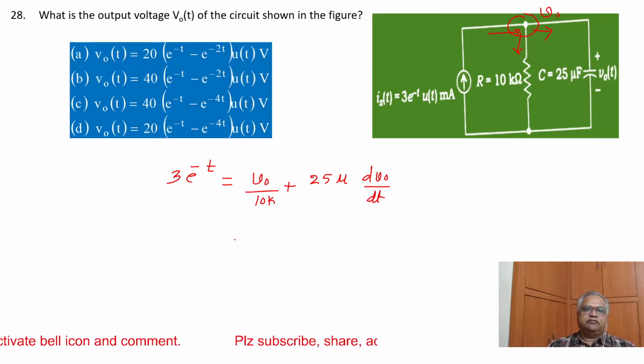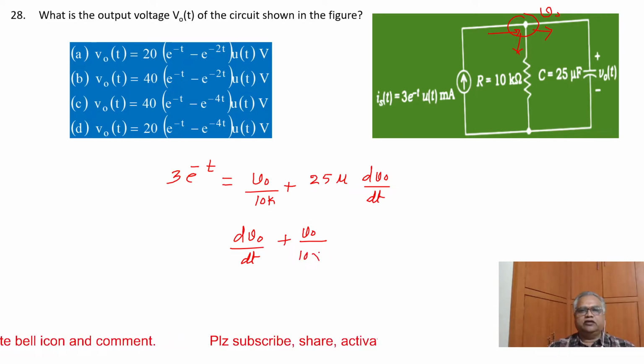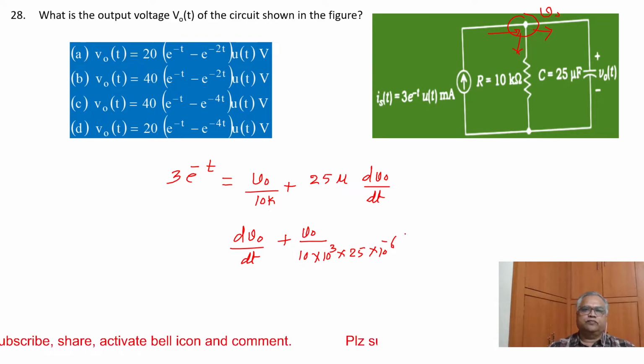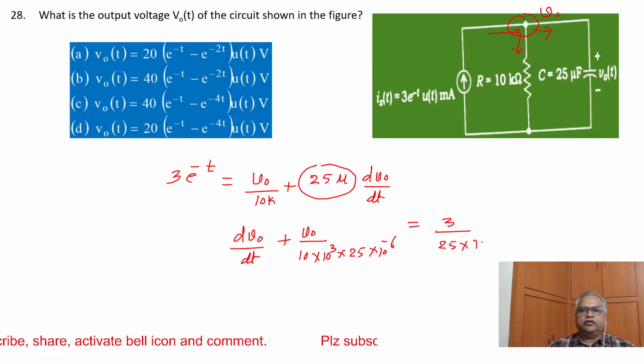Again, if you divide, dV0 by dt plus V0 by 10K, that is 10 power 3, and 25 micro, 10 power minus 6, is equal to, I am dividing with this value, 3 by 25 into 10 power minus 6 e power minus t.